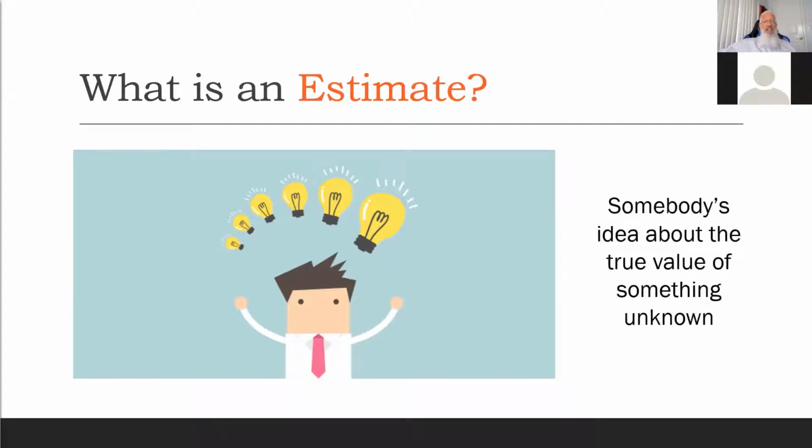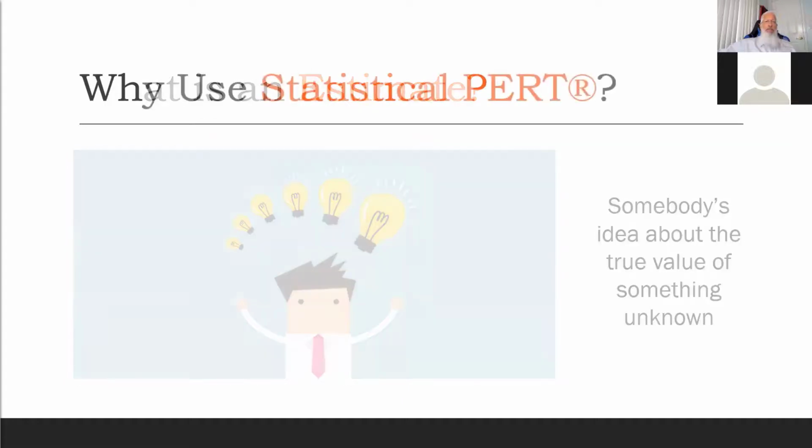An estimate is simply somebody's idea about the true value of something unknown. And I can share those estimates in many different ways. A single number, a range of numbers, a probability, using fuzzy language. All of those are simply somebody's idea about the true value of something that is unknown. And so I like to share my estimates and the definition of an estimate in this way.